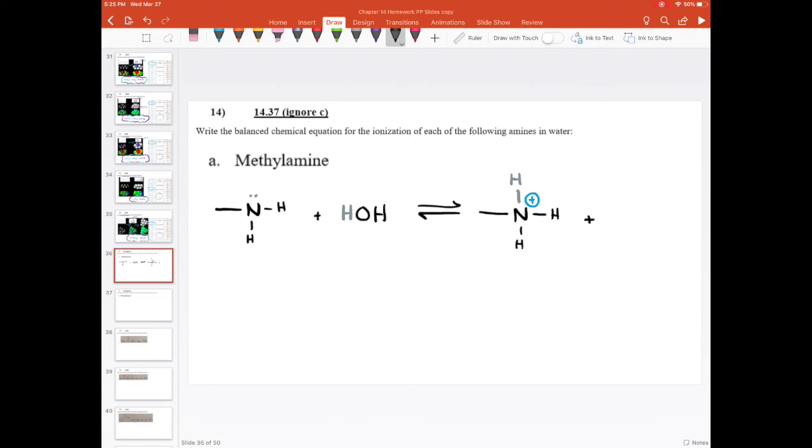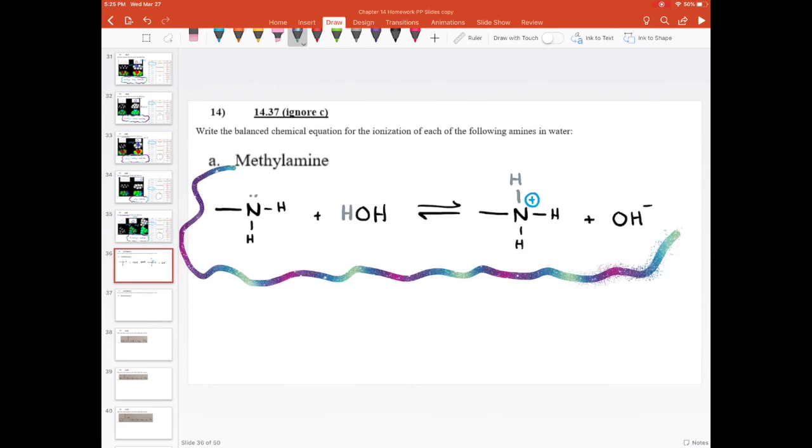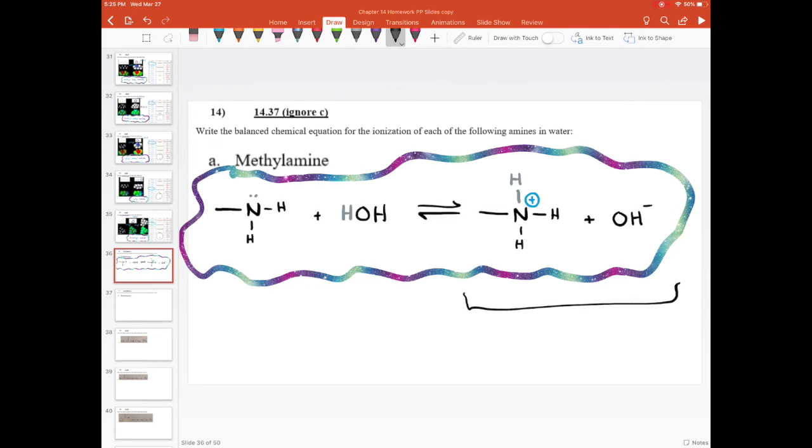Now the water lost an H and lost a plus. It started with 2 H's, now it just has 1. It started with 0 charge, it lost a plus, and now it has -1. And this is the balanced chemical equation that you get when this amine, methylamine, ionizes. You know these are ions because they have charges, ionizes when you add them to water.